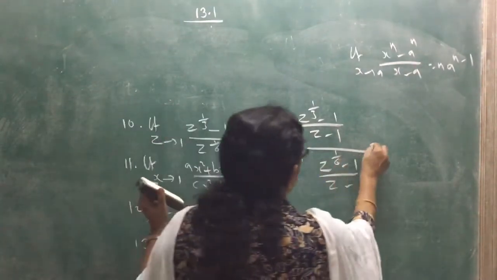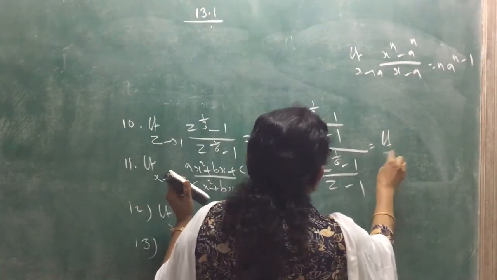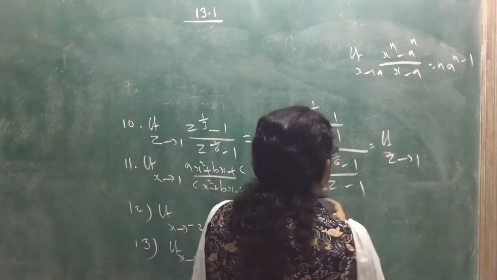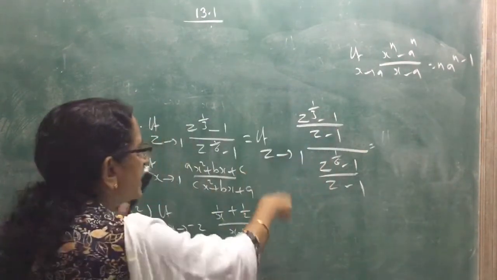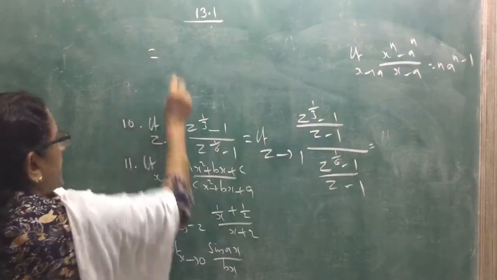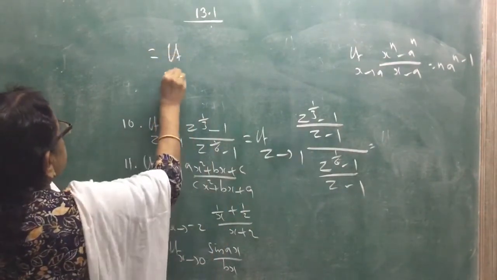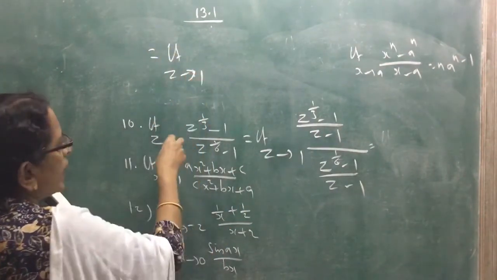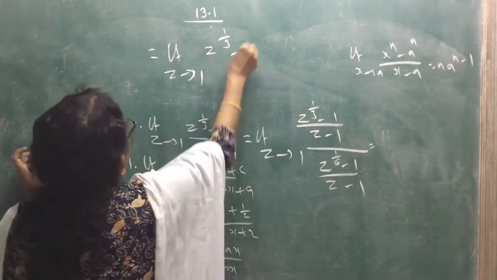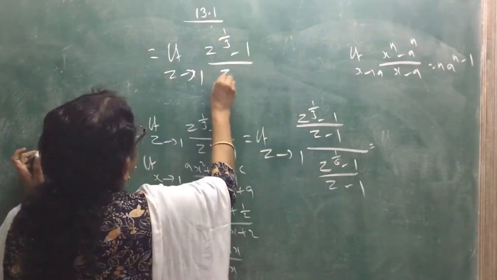So this we can write as limit z tends to 1, z raised to 1 by 3 minus 1 divided by z minus 1.